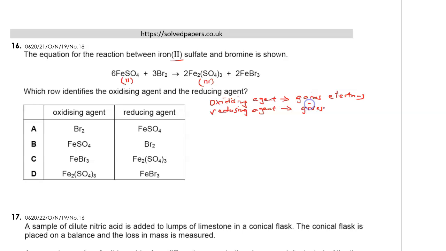Let me use that. Gives electrons. Losing electrons is also the same. So let's look at these two compounds here of iron. We have iron 2 sulfate, and then we have iron 3 sulfate here.